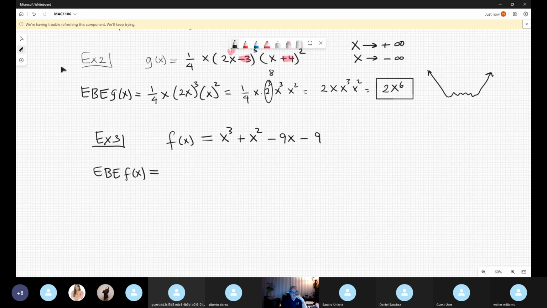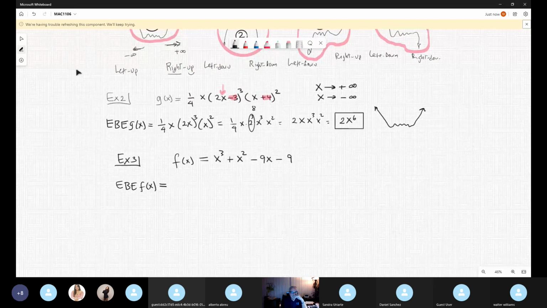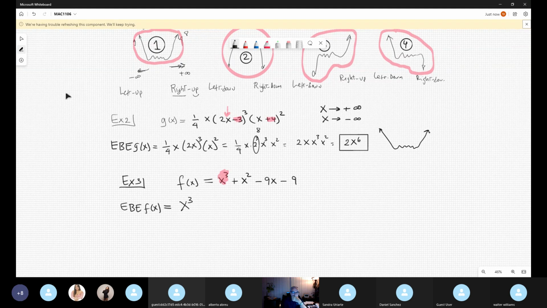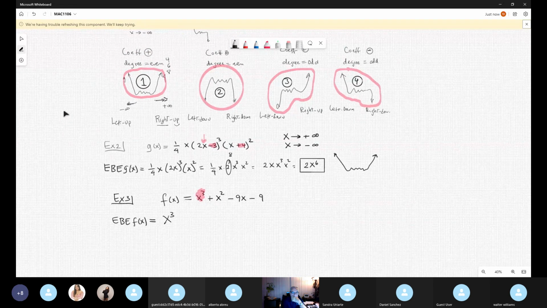In this case, it's easy, Professor, because when there is no factorization, I don't need to delete the constant. I take just the monomial that has the higher degree. That guy. Therefore, it's x cubed, because x cubed has coefficient 1 positive and the degree is odd. So what do you think the graph looks like? Option 1, 2, 3, or 4? The 3, that one.